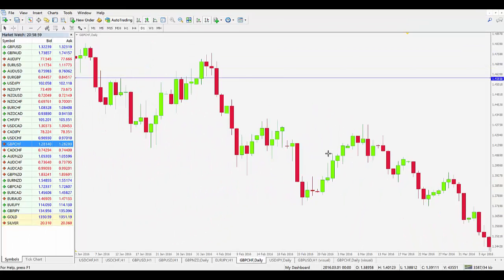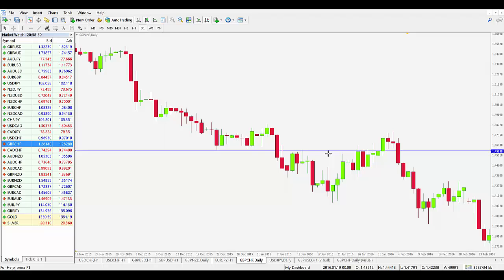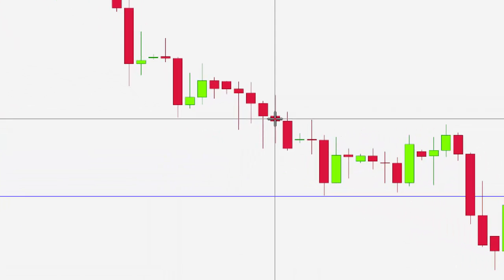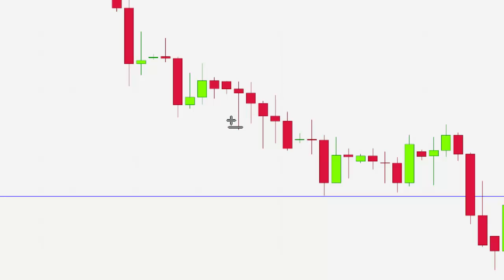Let's see if we will find a fail. That would have been a fail. So that's a clean candle there. If you look at it, that's a level because price hit that point and retraced a bit and then came back.